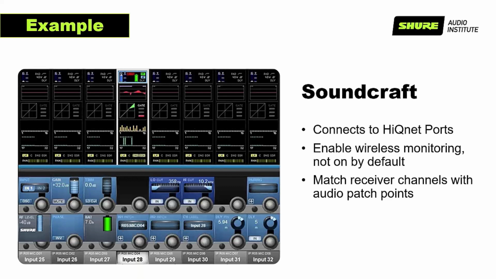If you don't select that option to on, it will not even attempt to connect to receivers. And much like on Yamaha and on Allen and Heath, if you're not using a digital audio stream, you will need to match your receiver channels with the actual audio patch points. So there's a particular tab to do that as well.